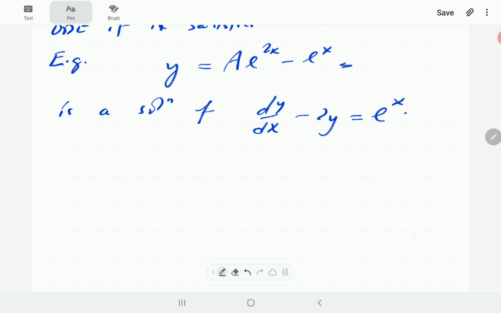This a is an unknown constant. It comes from integration.